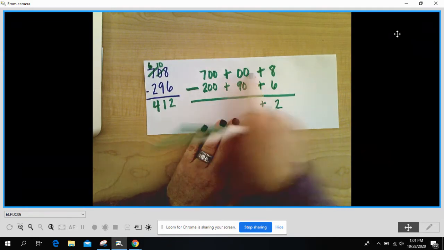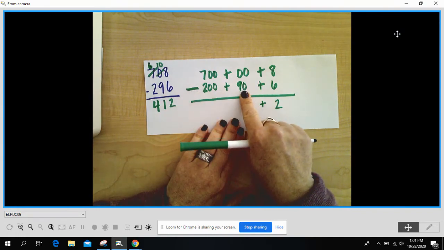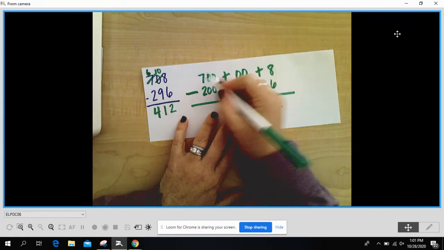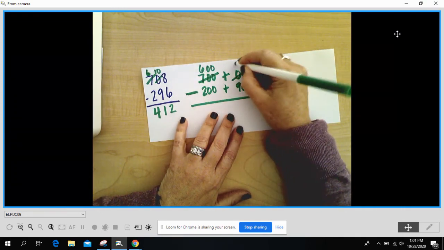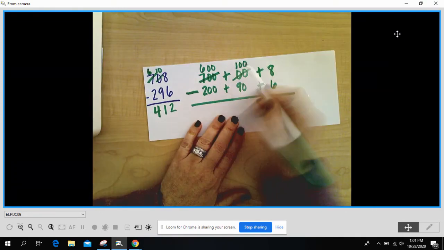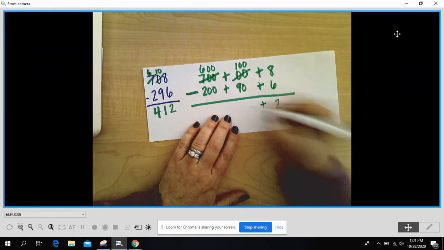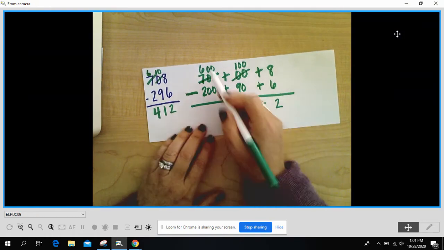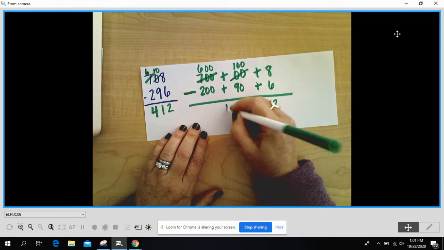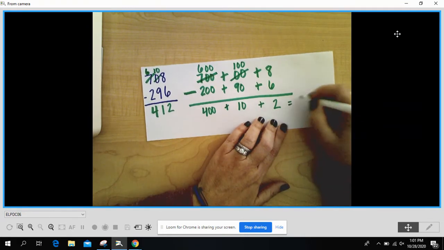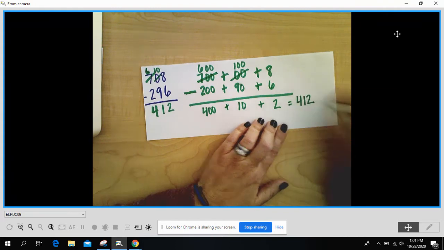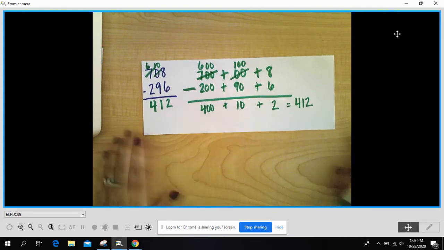In my tens place, I have 0 minus 90. I can't do that, so I'm going to regroup from here. I borrow a whole 100, and this turns into 100. Now, 100 minus 90 leaves me 10, and 600 minus 200 is 400. I put all this back together, and I have 412. Way to go, everybody.